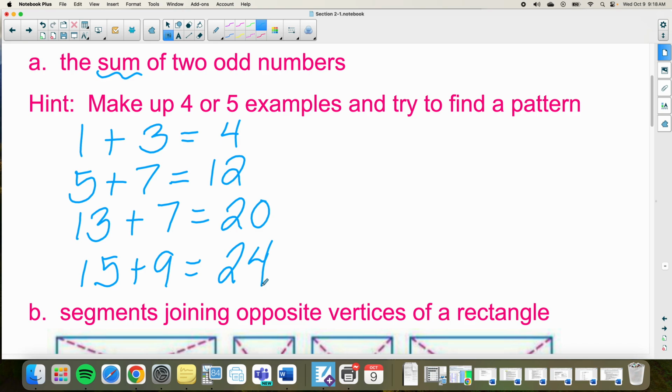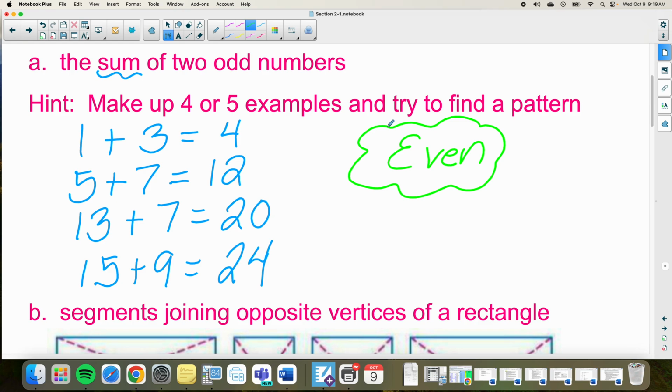They're even. They're all even numbers. So you could keep trying examples, and any time you add together 2 odd numbers, you're gonna get an even number. So your answer here would just be even. So anytime you add together 2 odd numbers, you are going to get an even number, okay?